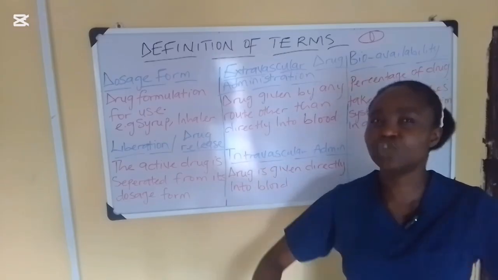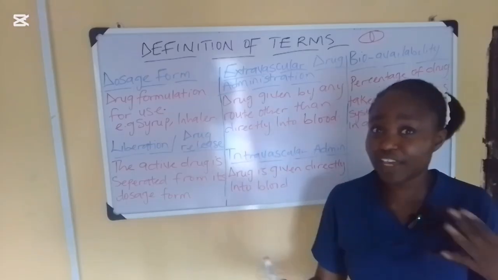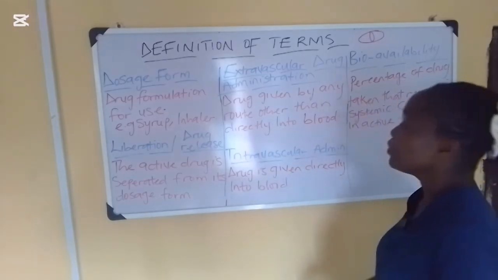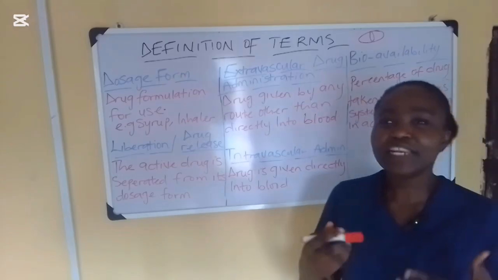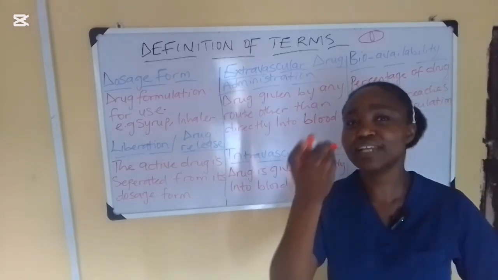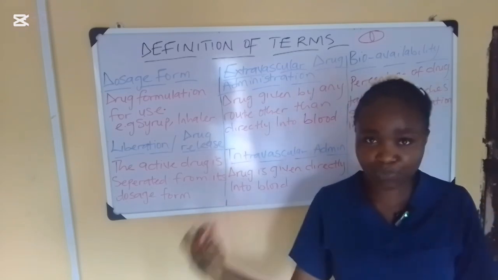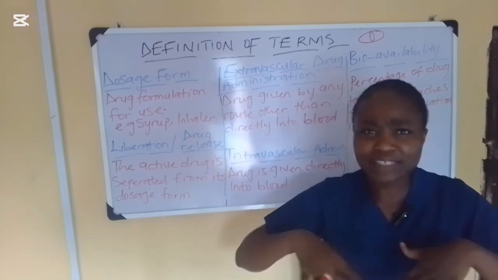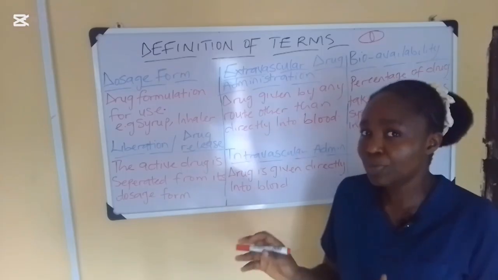That's what my body needs to be able to take forward that conformational change that would give that effect that you see in the patient. Now, this active drug has to be separated from a dosage form. So liberation is the process by which a drug that has been taken in separates from whatsoever form it is put in. If it's a capsule, it separates from the capsule so that the main ingredient, the active ingredient of the drug, will be used.